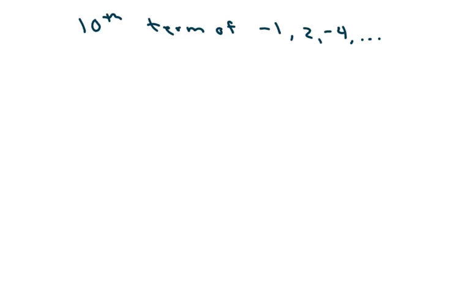The next one, we have the 10th term of this sequence. So a is negative 1. My r is going to be negative 2. That's 2 over negative 1, or you could have done negative 4 over 2. And that gives you negative 2. And our number of terms is 10.